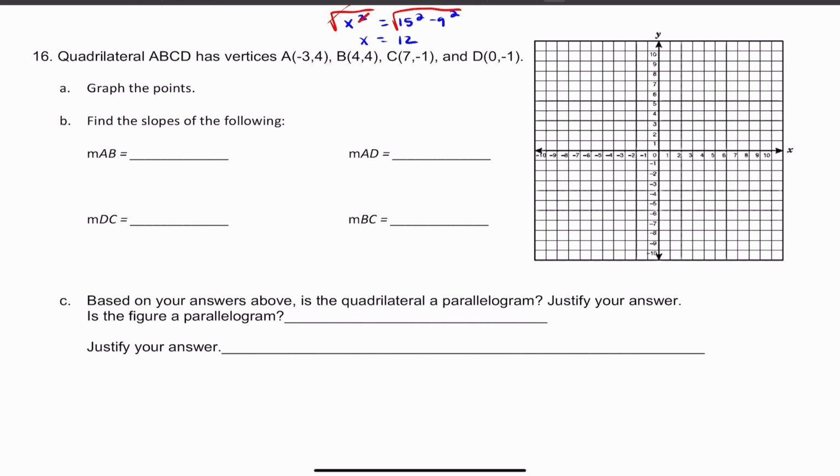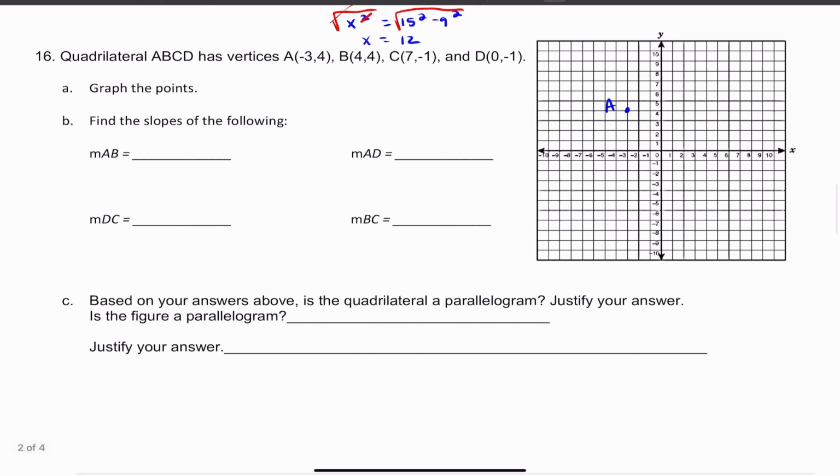This is a quadrilateral, and my goal here is, number one, to graph the points. So -3, 4, that's A. And then B is 4, 4. C is 7, -1.